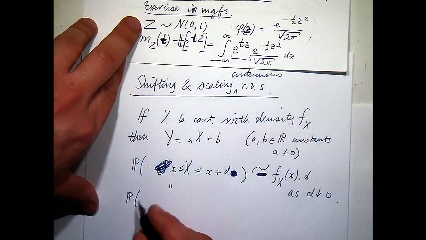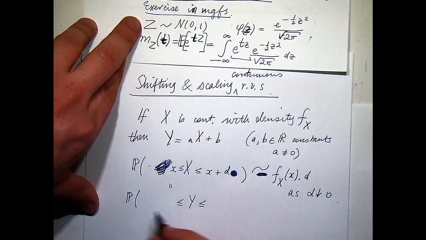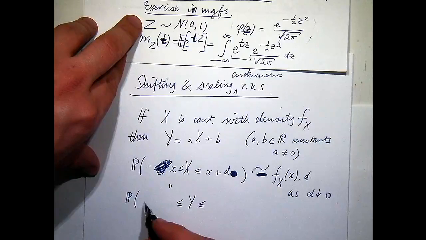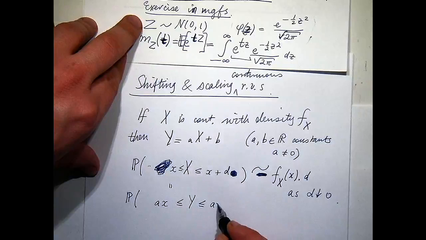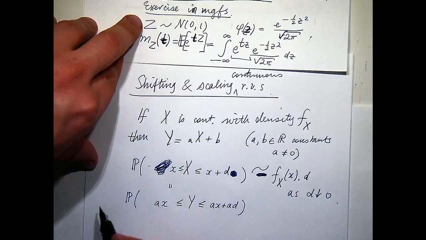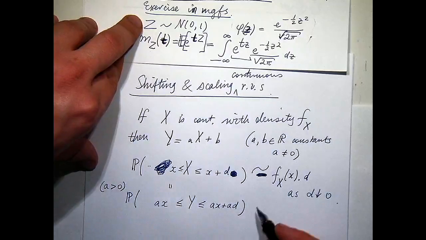But this is, of course, also the same as the probability that Y, which is aX plus b, should be between aX and aX plus ad. Now that's in the case a positive. The case a negative is slightly different.